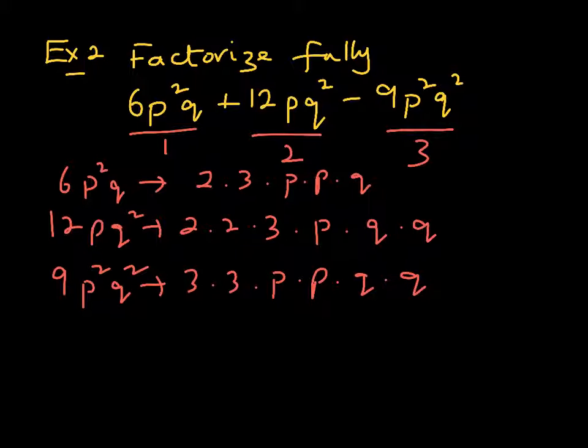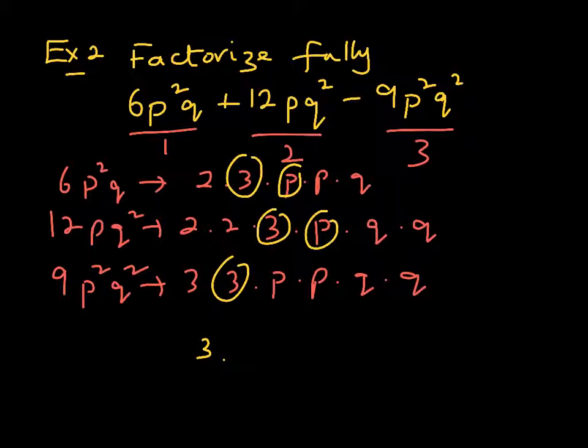Okay, so now let's identify what is common to the 3 of them. So is 2 common to the 3 of them? No. Is 3 common to the 3 of them? Yes. So we see that there's 3 in 3 of them, so we write 3 out. Then is p common to the 3 of them? Yes. So times p.